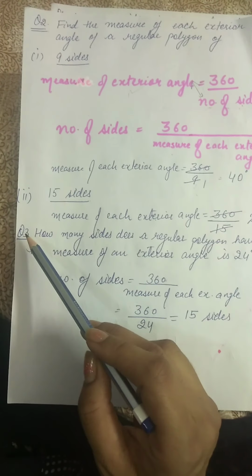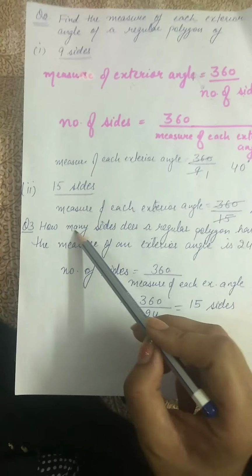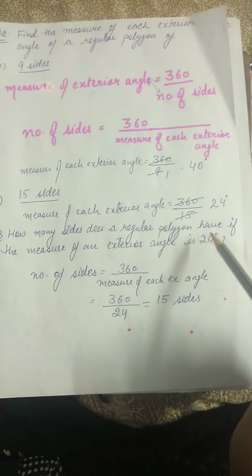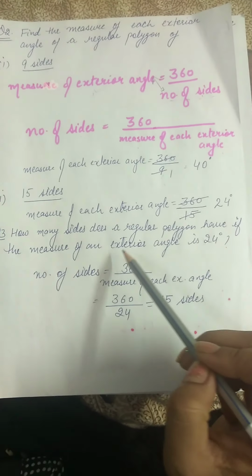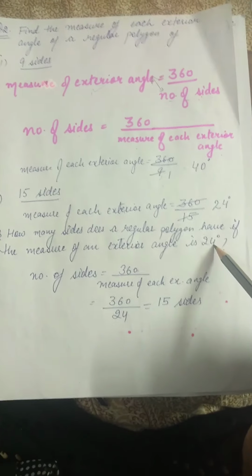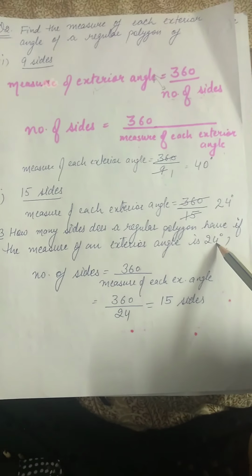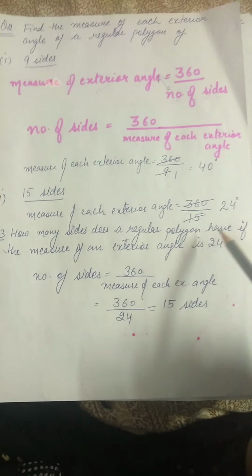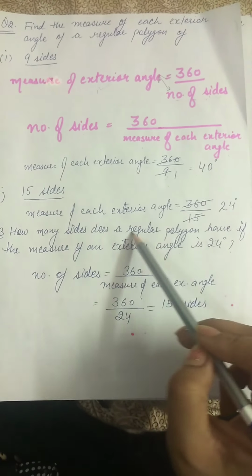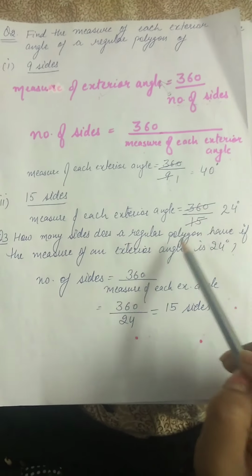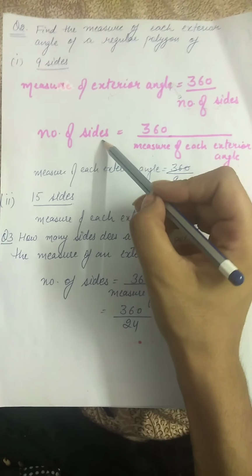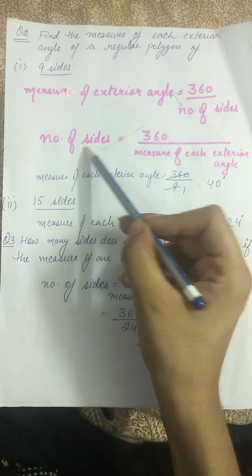Now the next question, question number 3. How many sides does a regular polygon have if the measure of an exterior angle is 24? Bache, now you have been given the exterior angle and you want to find how many sides the regular polygon has. So which formula will you apply? This second formula, when you want to find the number of sides.